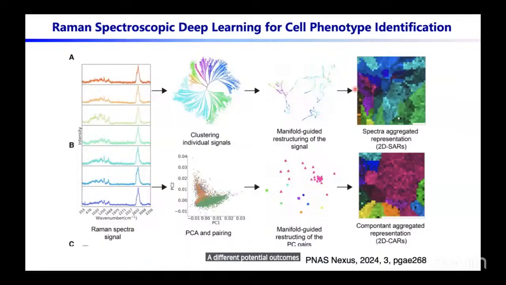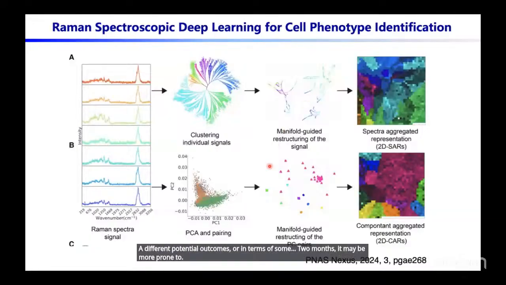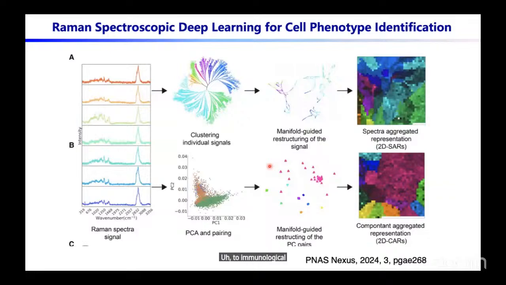For instance, some tumors may be more prone to immunological treatment. Some may be resistant against the immunological treatment and so on and so forth. So this kind of condition of cells is called the cell phenotype, biological condition or biological state.